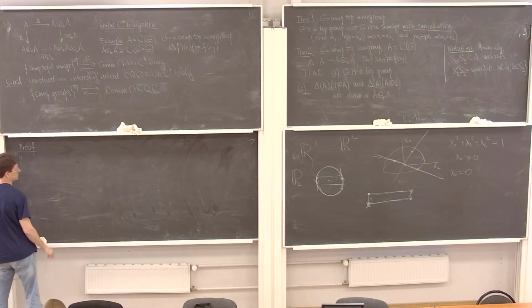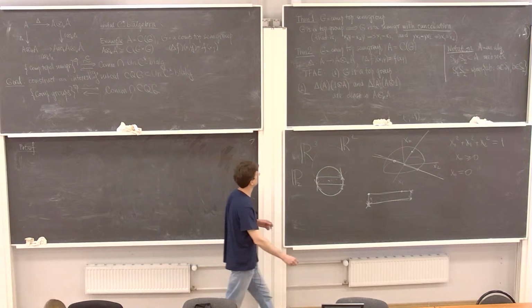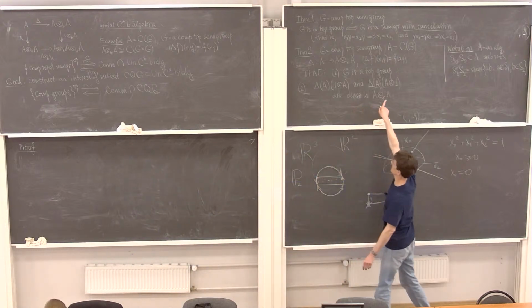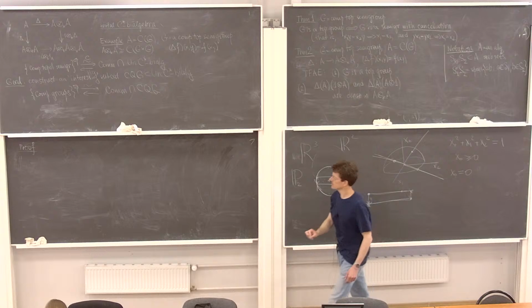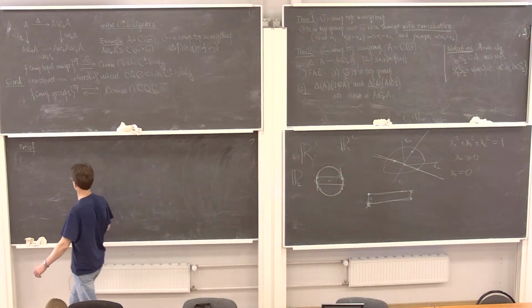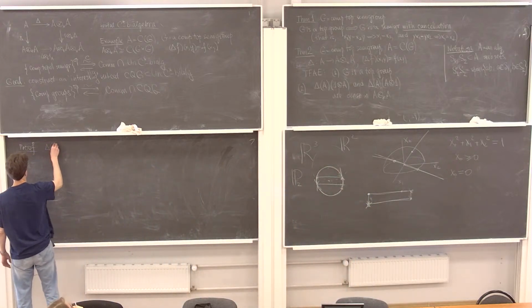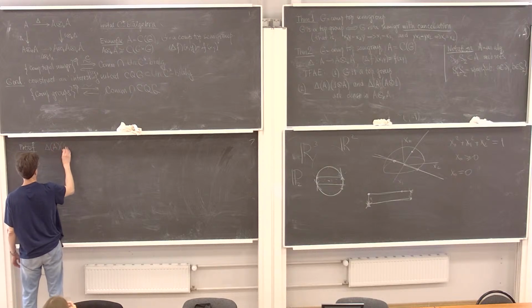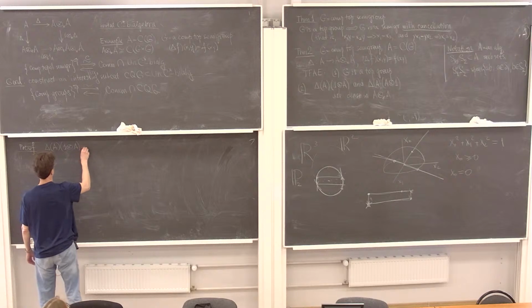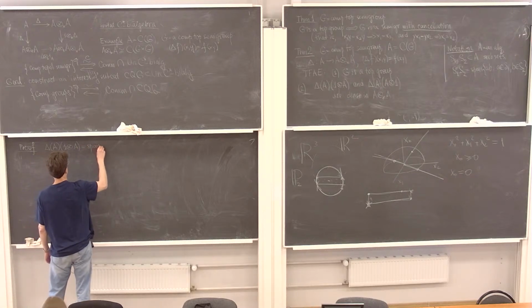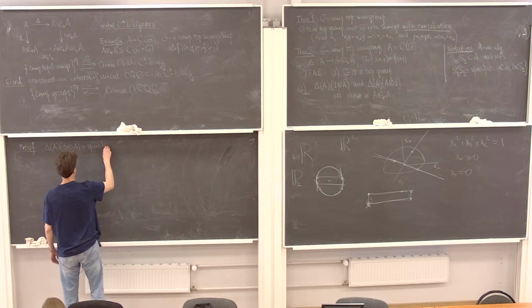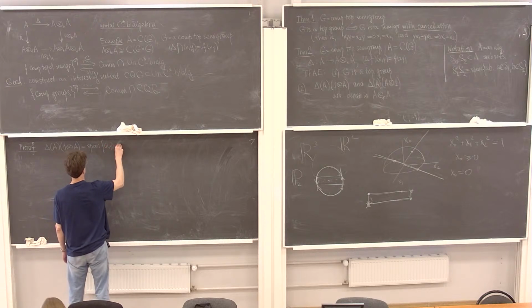To prove this result, let's first describe these two subspaces. It's easy to see that delta of A multiplied by 1 tensor A is the linear span of all functions of the following form.